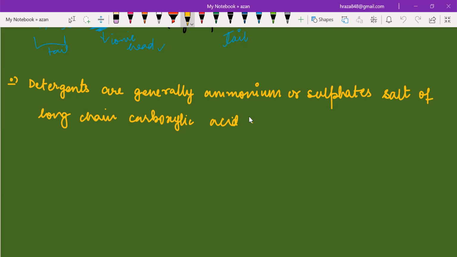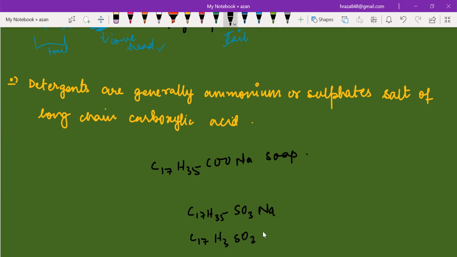So I'm going to give you an example which is very easy. You have seen that C17H35COO negative Na plus is your soap. Now if a sulfate ion comes in with this C17H35, or with the sodium or potassium, this will be a detergent.